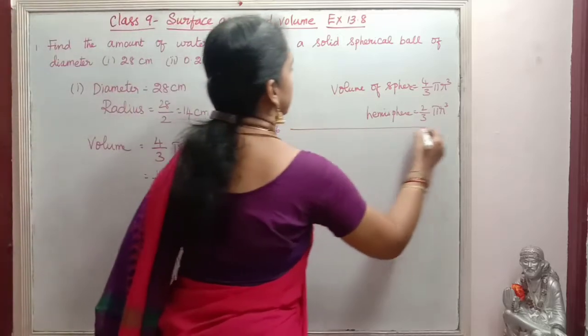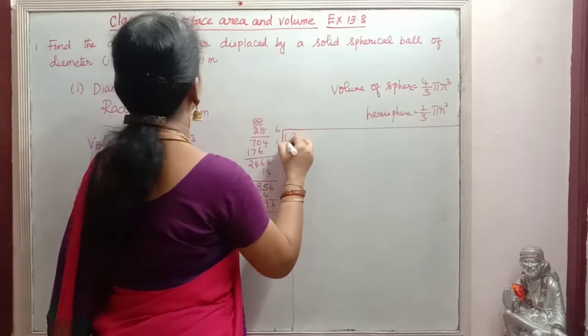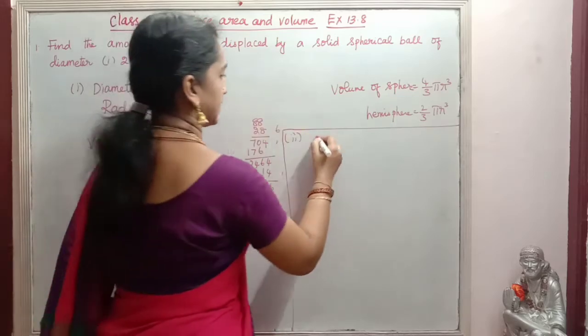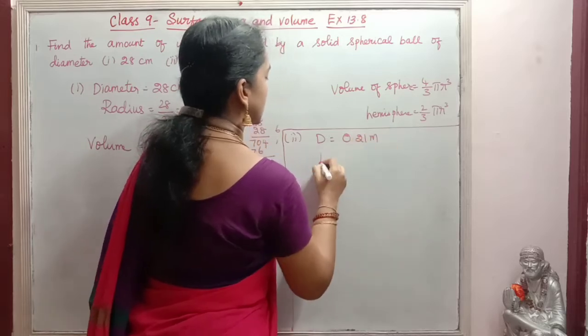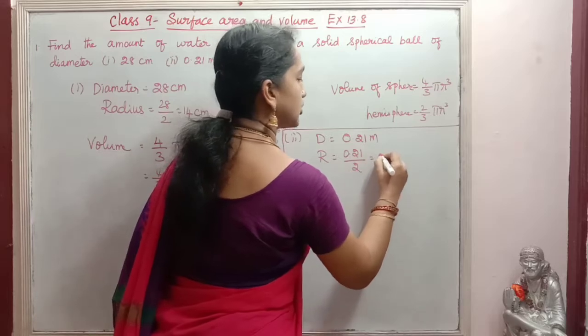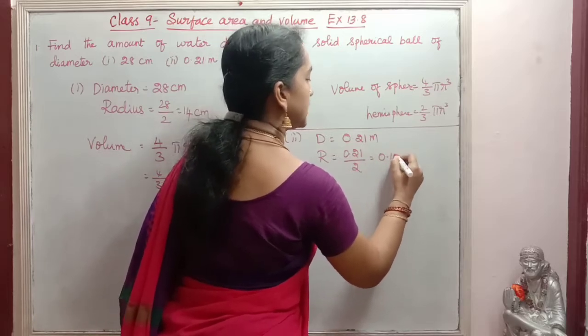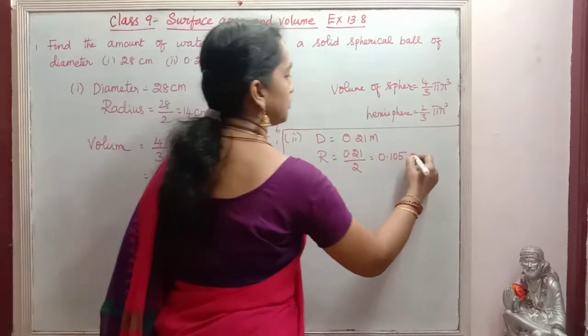Then for the next sum, the diameter is given as 0.21 meter. So D is 0.21 meter, and the radius is equal to 0.21 divided by 2, which is 0.105 meter.